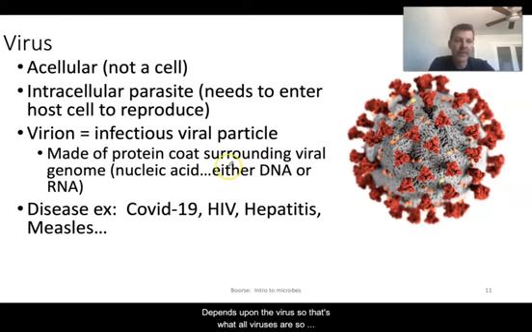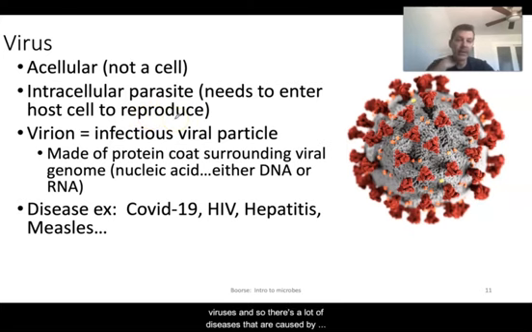And so that's what all viruses are. So they're not cells. What they're going to be is a coat of protein, so basically a protein shell, and then inside of that is some piece of nucleic acid that, once it enters a host cell, so it's an intracellular parasite, that viral instruction manual, that viral nucleic acid can use the cell to replicate or make more viruses.